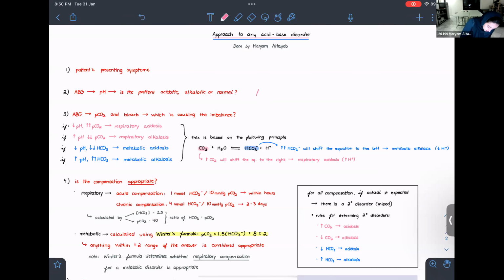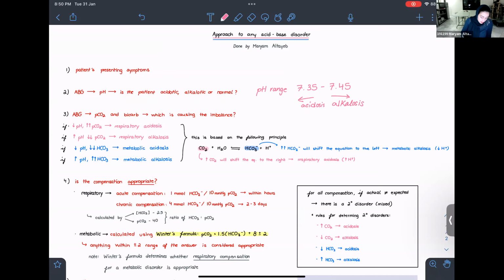So normal pH range is 7.35 to 7.45. Okay, so just keep that in mind. All right, so anything less than this is going to be an acidosis. Anything greater than this is going to be an alkalosis.